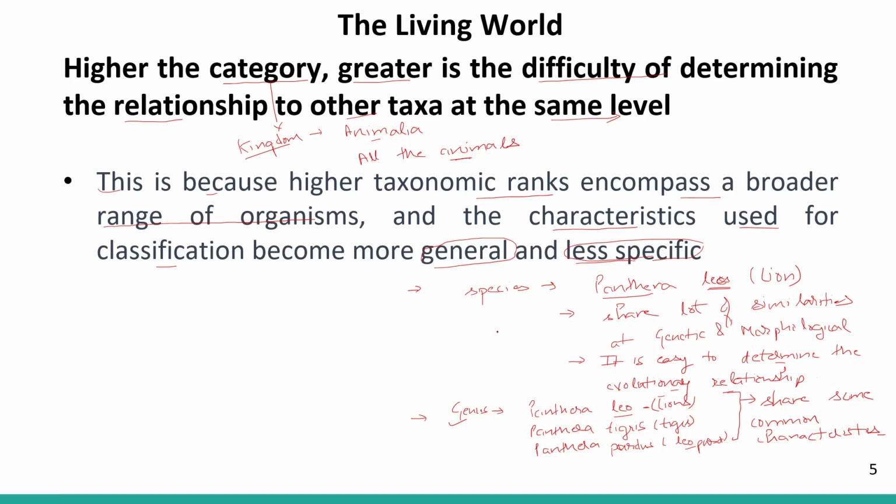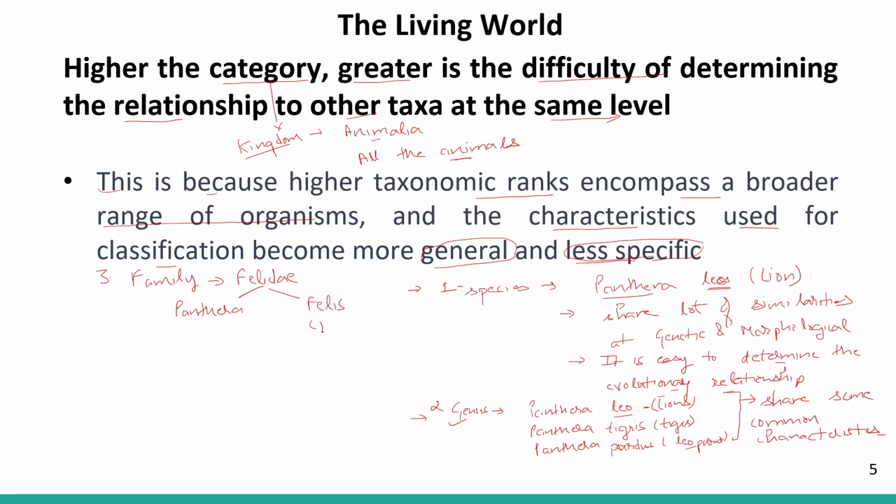Now, the next level higher to genus is family. So first we say species, second genus, and third we are talking about the family. If we talk about the family Felidae, this comprises one genus Panthera, and then another genus is Felis.